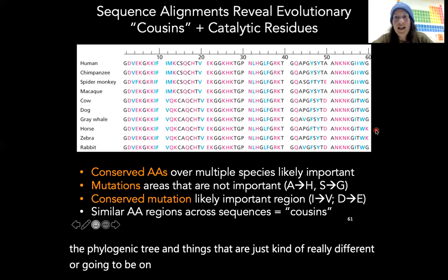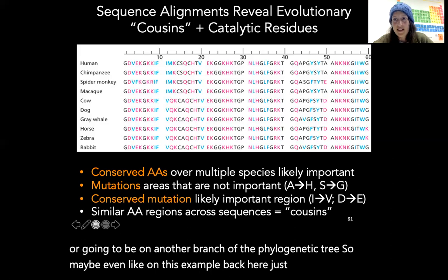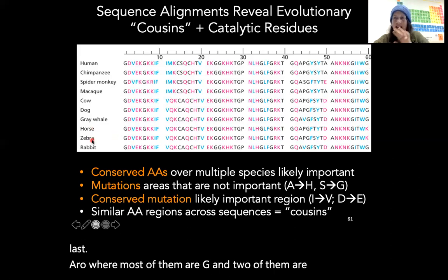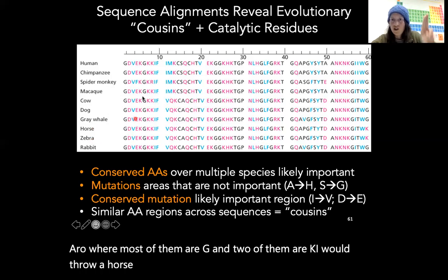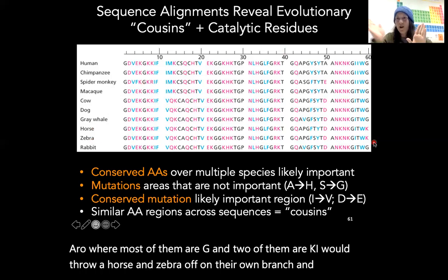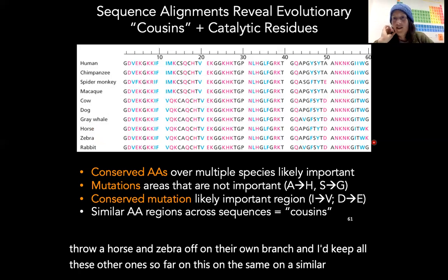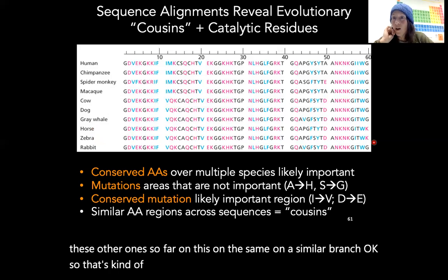So maybe on this example back here, looking at this last row where most of them are G and 2 of them are K, I would throw horse and zebra off on their own branch, and I'd keep all these other ones on a similar branch. Okay, so that's how that works.